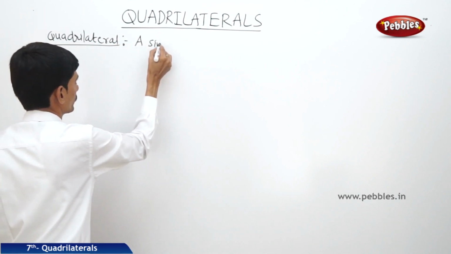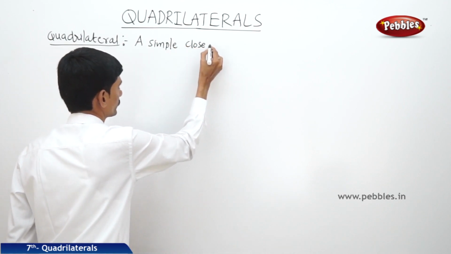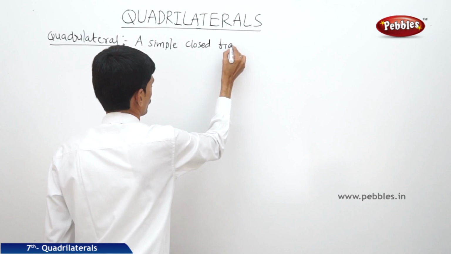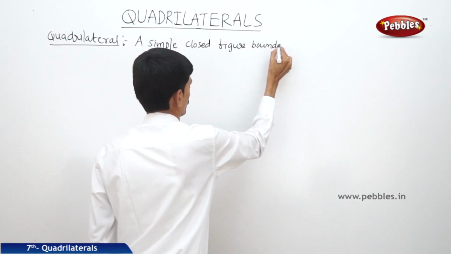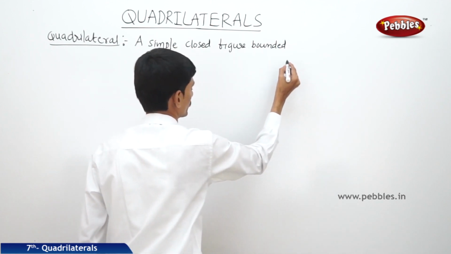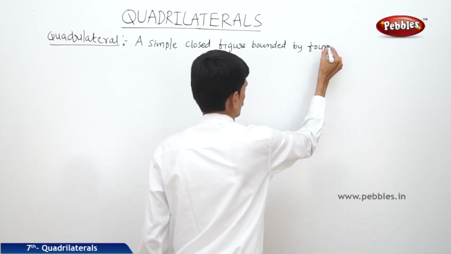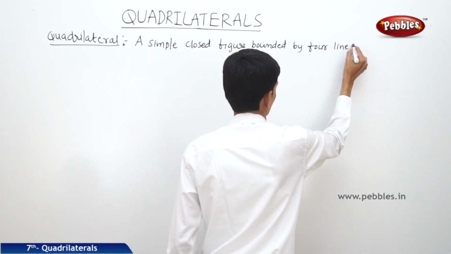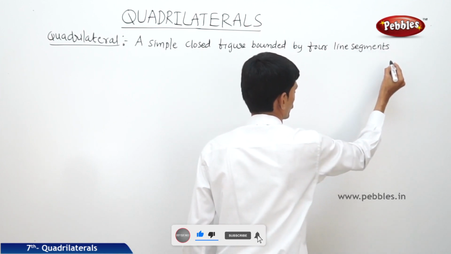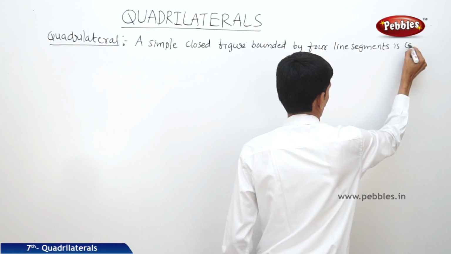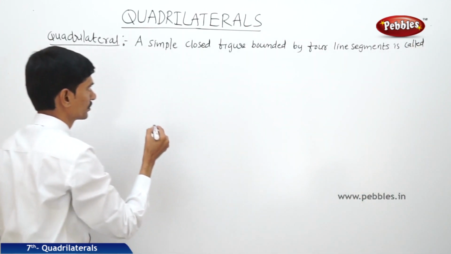A simple closed figure bounded by four line segments is called a quadrilateral.